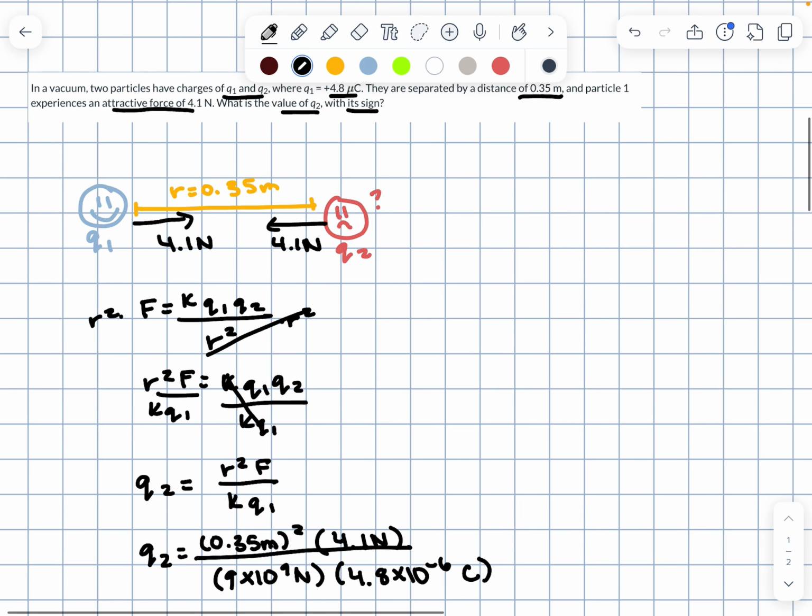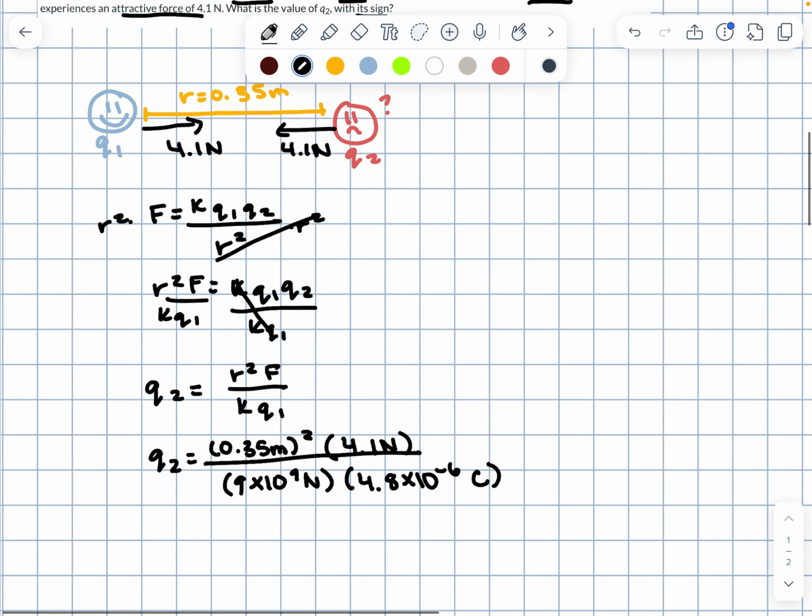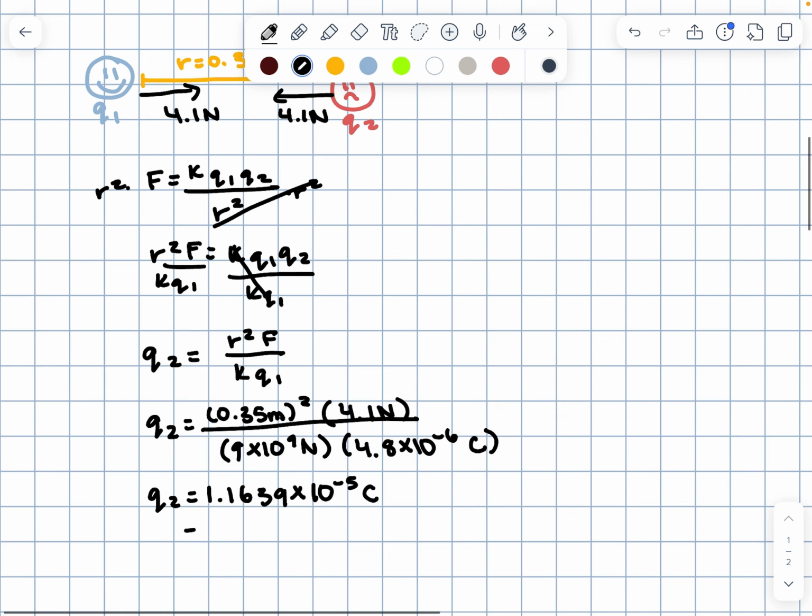And that is the value of our positive charge there. So once we plug that into our calculator, we should get a value of 1.1639 times 10 to the negative 5 coulombs. And since the force is attractive, the charge must be negative because opposites attract. So our answer is actually going to be negative 1.16 times 10 to the negative 5 coulombs.